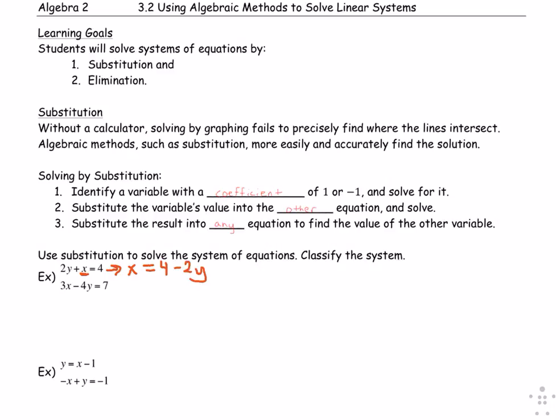From here, now that I know the value of the variable in one equation, if I'm to find a solution to the system, which means an ordered pair, an x and y value, that work simultaneously for each equation, then the value of x in the first equation here must also be true in the second equation there. So I proceed by substituting that value into the second equation.